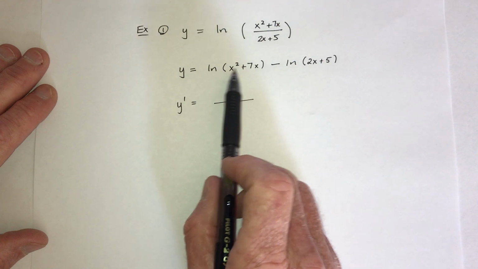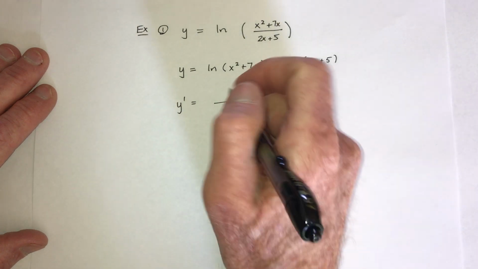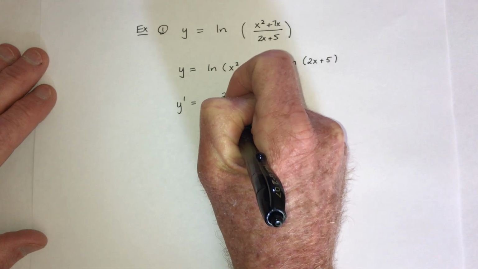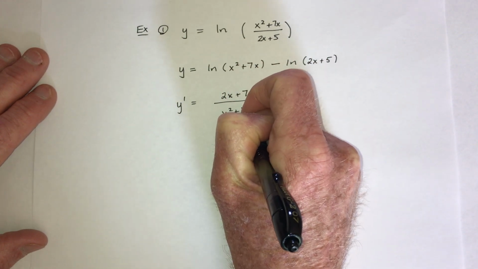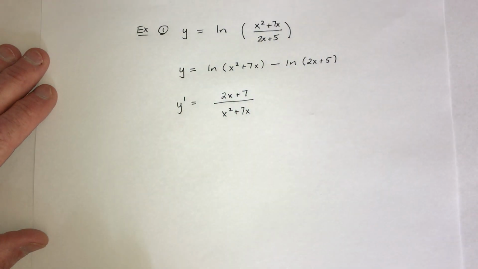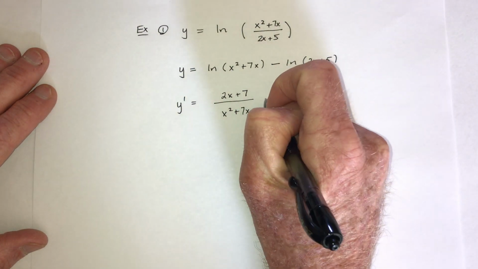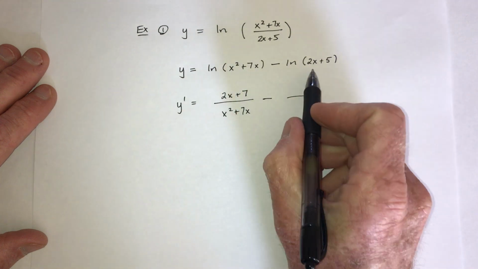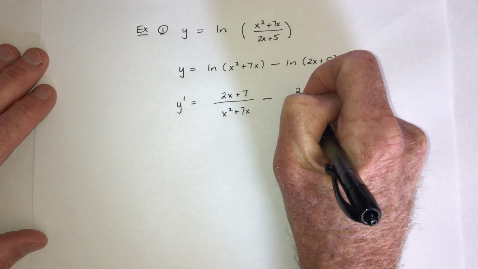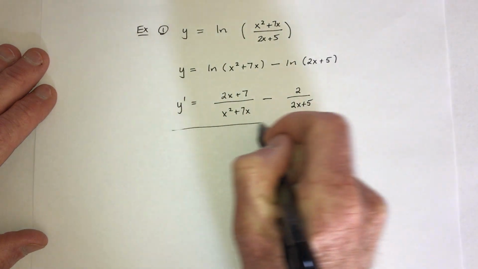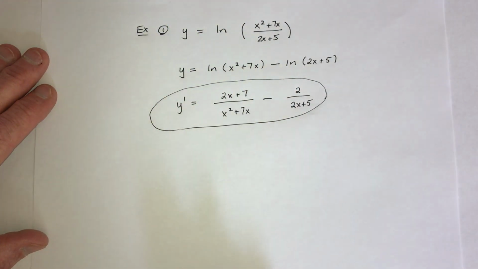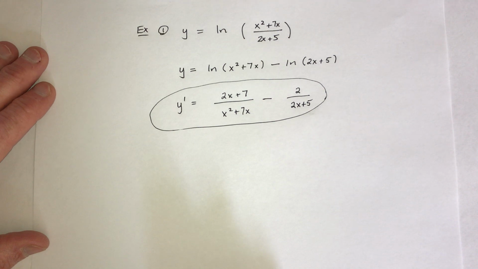The derivative of this will be the derivative of the inside, so that's going to be 2x plus 7 divided by what's in the parentheses. And the first one is done. Minus the derivative of the inside would be a 2 divided by 2x plus 5. And in just 2 steps, we're already finished.